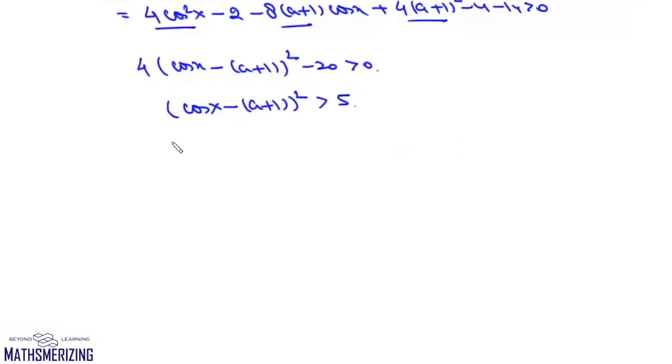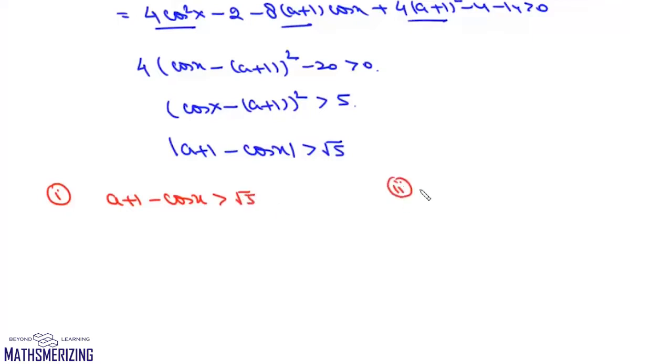If we take square root, we can write mod of (a + 1 − cos x) should be greater than under root of 5. Now we'll have two separate cases. Case 1, when a + 1 − cos x is greater than under root 5, and second case when a + 1 − cos x is less than minus under root 5.